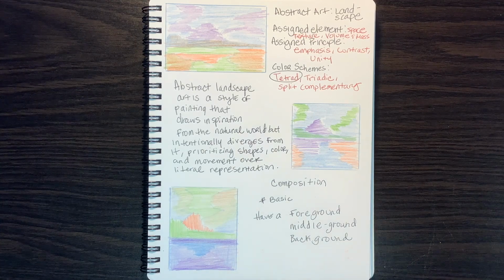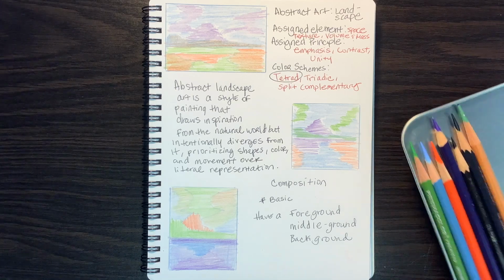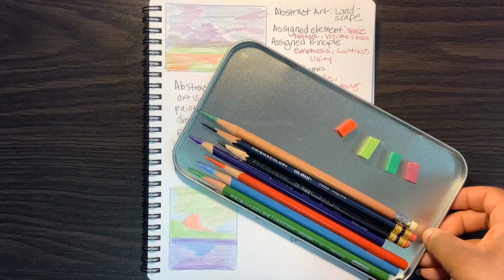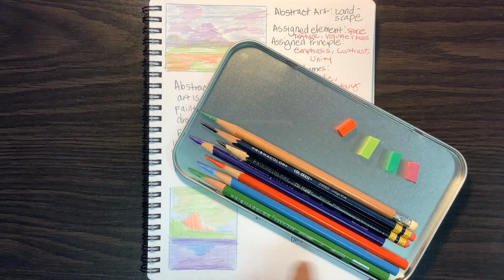I do have a few things. When it comes to my thumbnails, I did use colored pencils because, let's be real, I did not have pastel paper that I was willing to use for thumbnails.